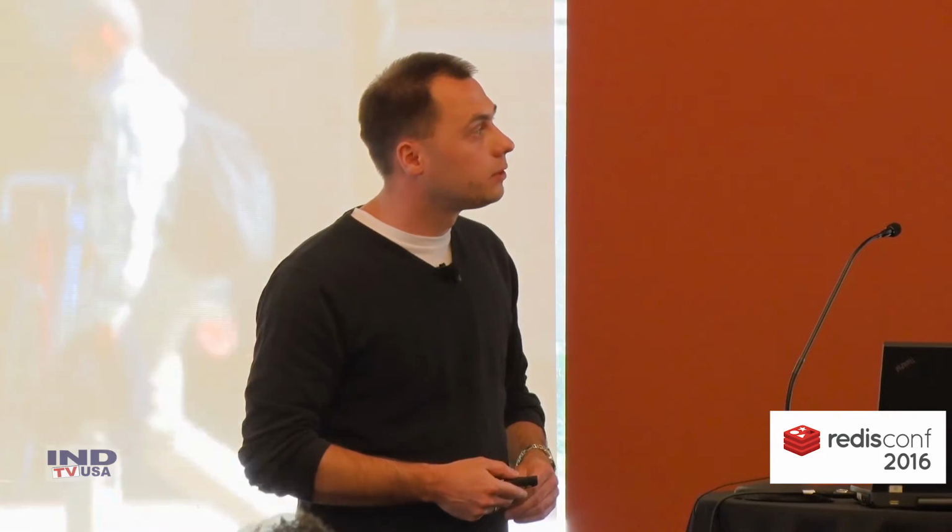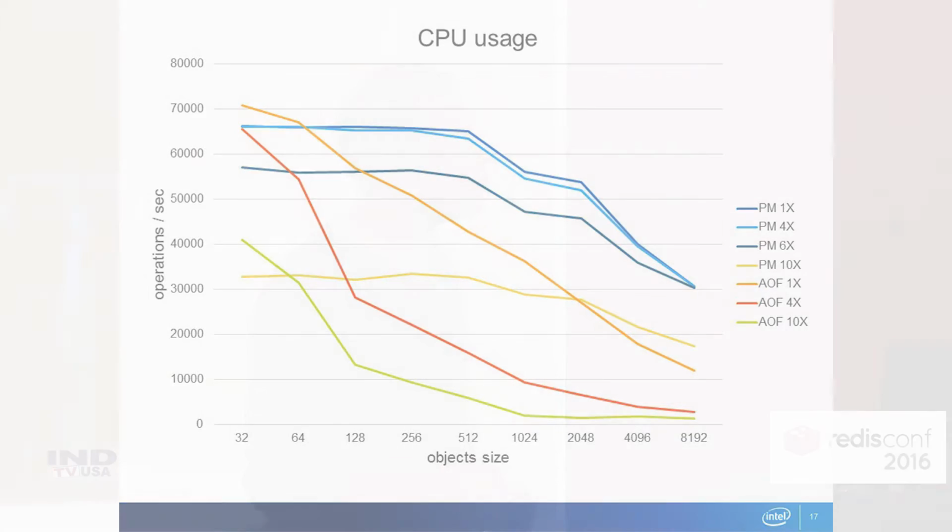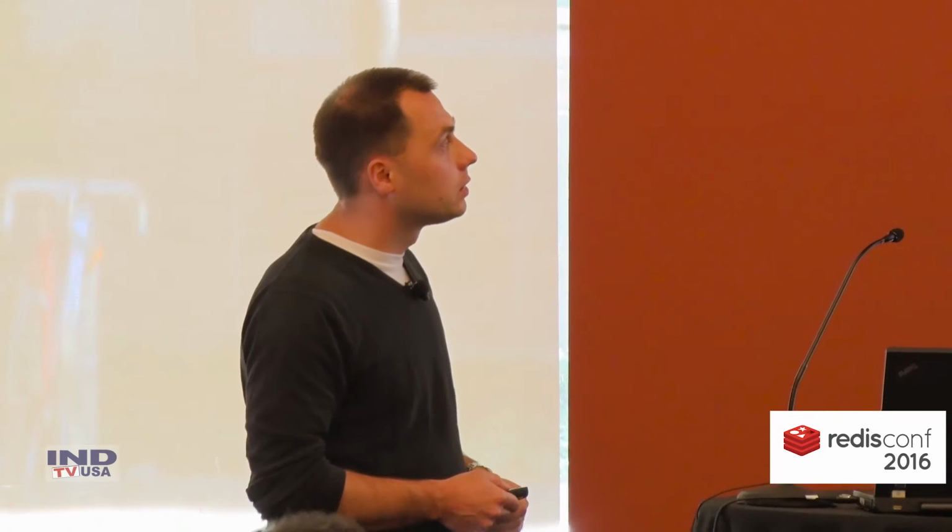With AOF, we observed a difference in performance, and it was around 10 times slower than the persistent memory version. When we were running 10 instances at the same time, the persistent memory version was around 50 times faster than AOF.